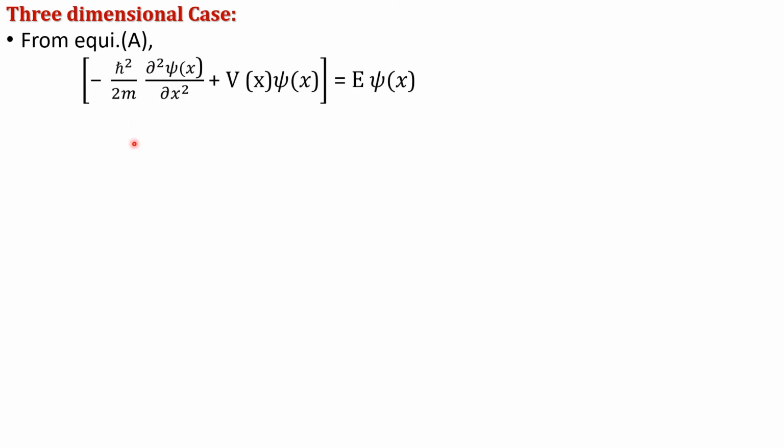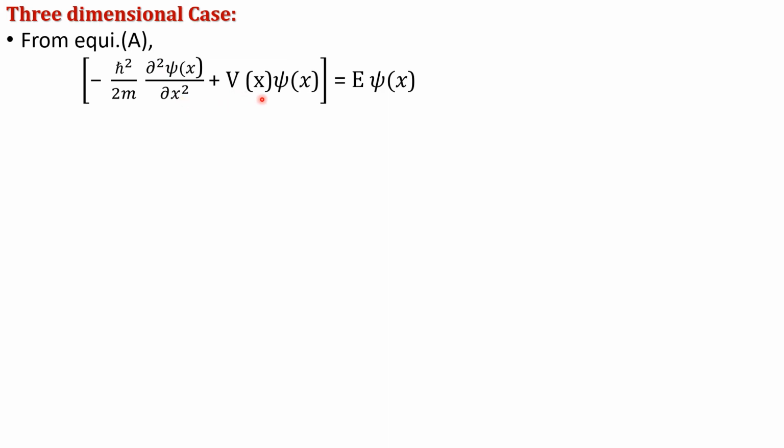We use the earlier equation A. In that equation, del square psi of x by del x square, del square by del x square, that is only the one dimension term. We extend into three dimensions, then this term is replaced by del square by del x square plus del square by del y square plus del square by del z square.